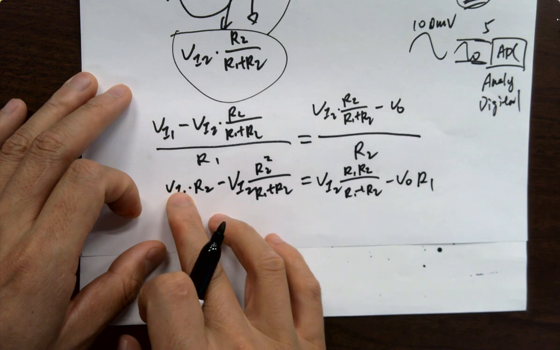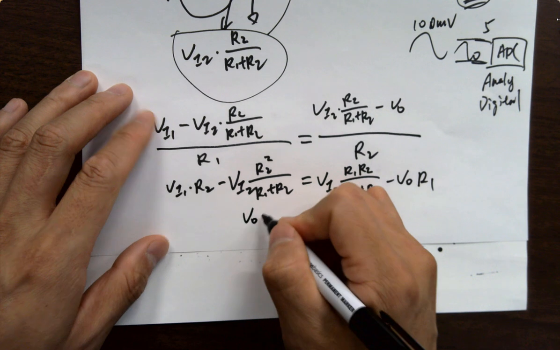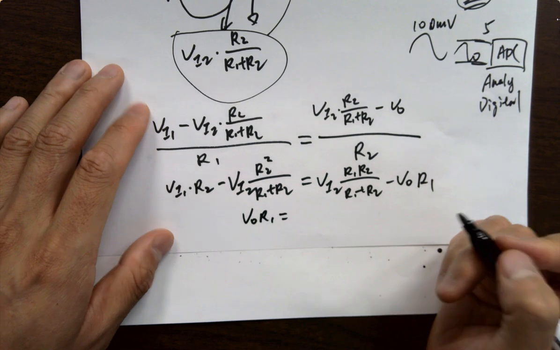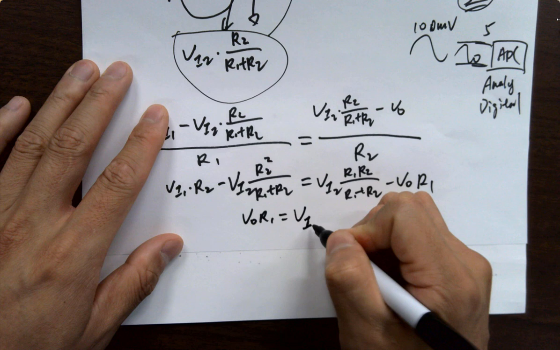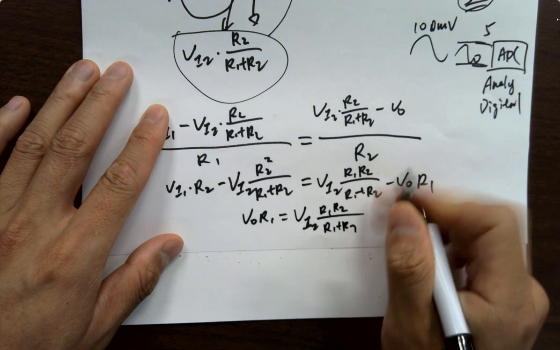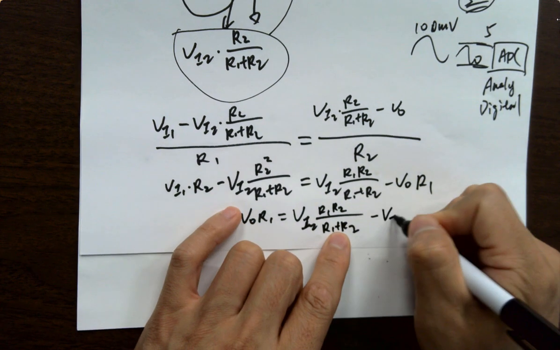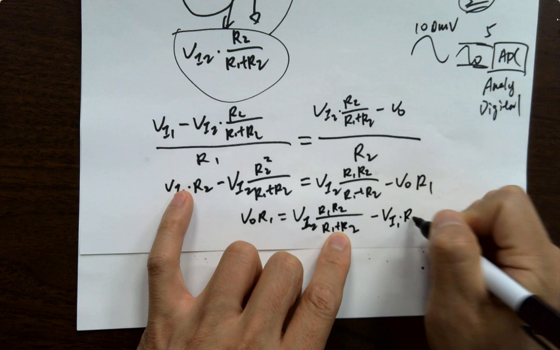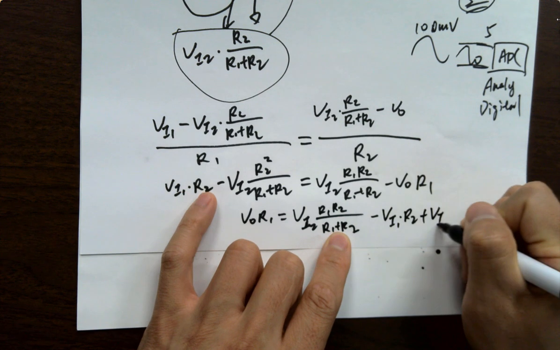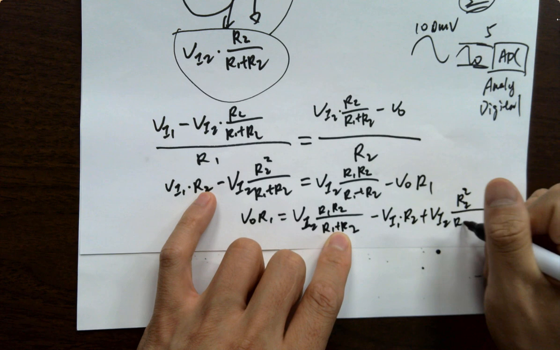Move all the VIs to the right and leave this one on the left. So Vout R1 equals VI2 R1 R2 over R1 plus R2, this guy, minus VI1 R2 plus VI2 R2 square over R1 plus R2.